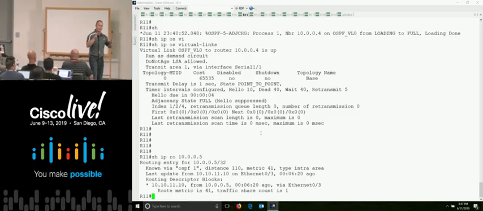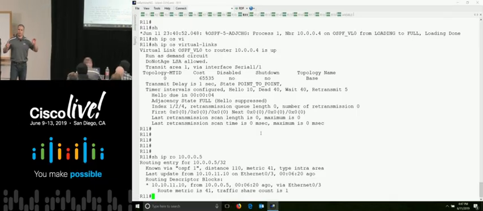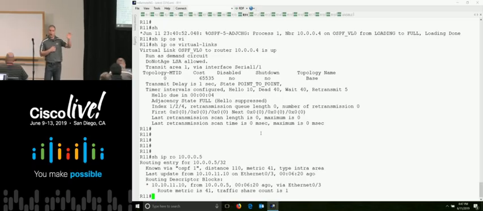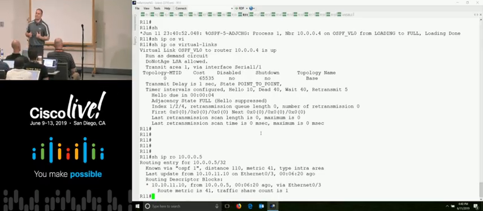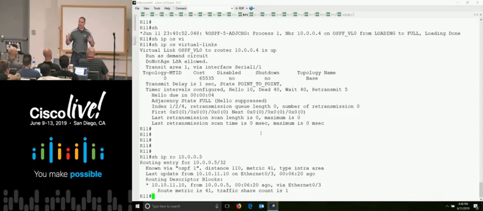So R11 is claiming I have an intra-area route to R5's loopback through an Area 1 router. Like, okay. This is how the transit capability works. Because R11 has this extra insight into both areas, it can say, I have a shorter path to get to the destination without following the path that the virtual link was built.